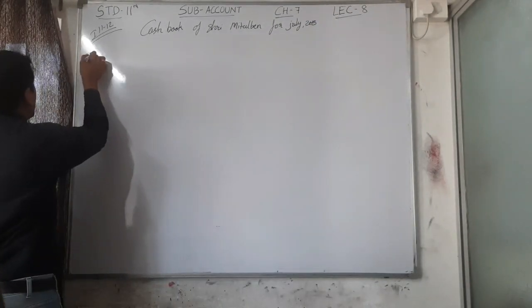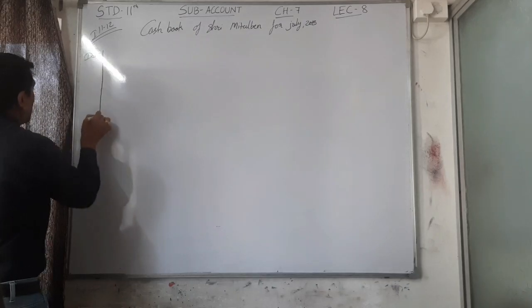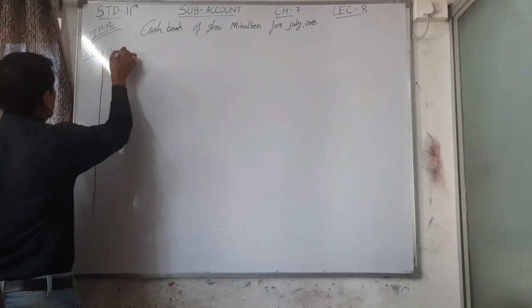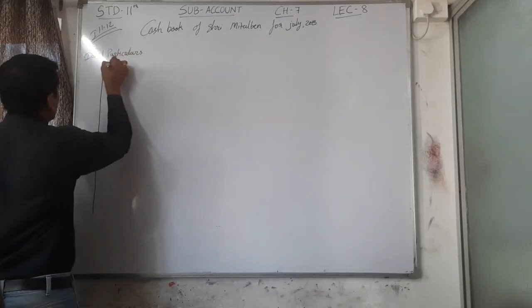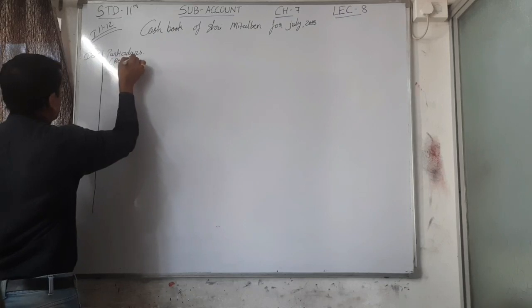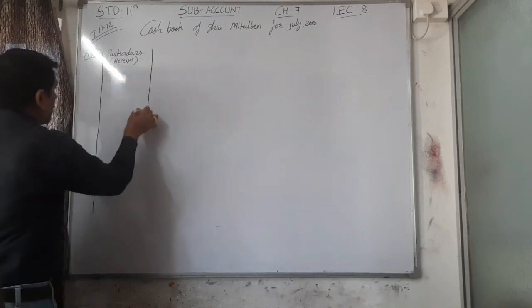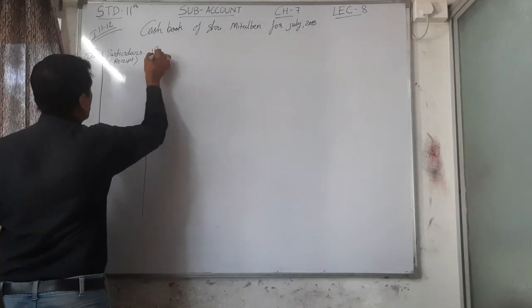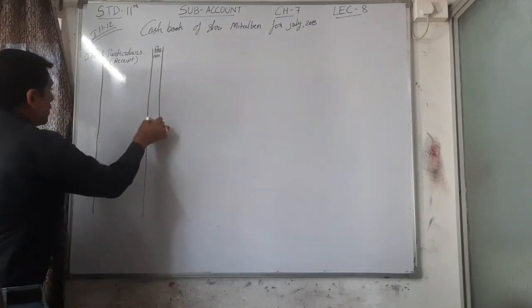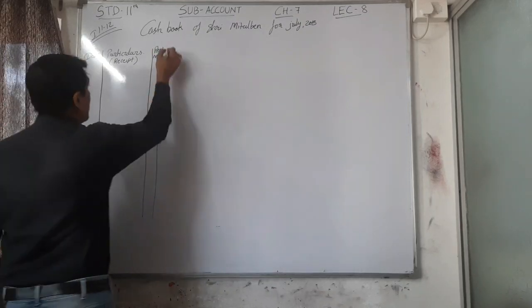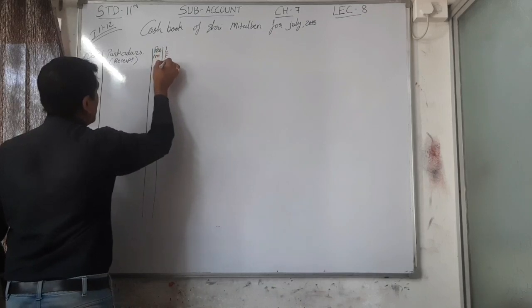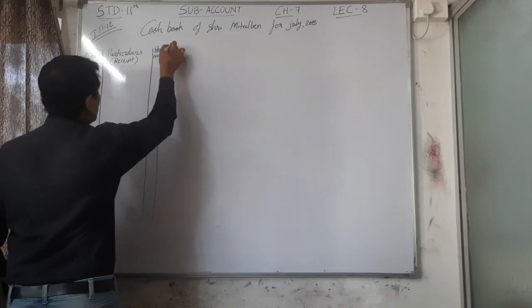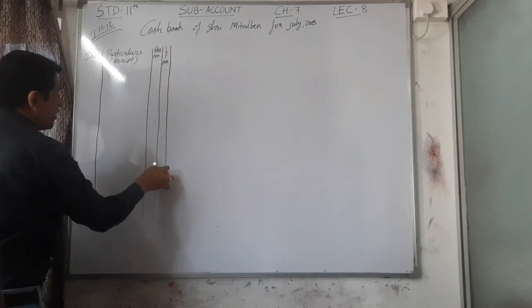Three columnar, so date, particulars, that is receipt, then receipt number, then LF number, which is important here because we have to record the contra entry, that is C, in this column. We only have to write C.